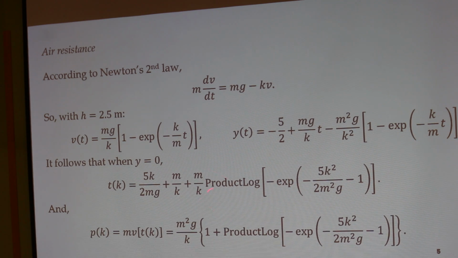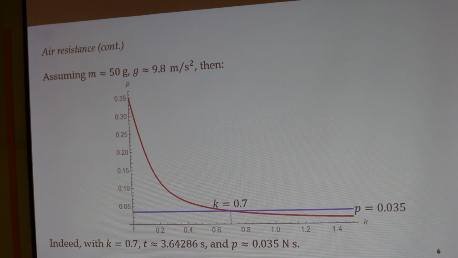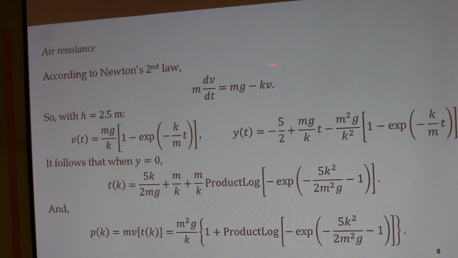I use Mathematica. I've checked that this is correct. So this will be roughly the K value that you need for the air resistance. If you assume air resistance to be of this form, this will be the K value.